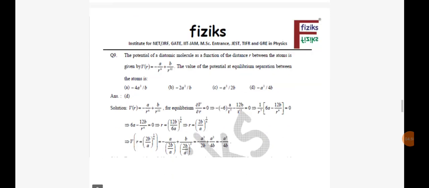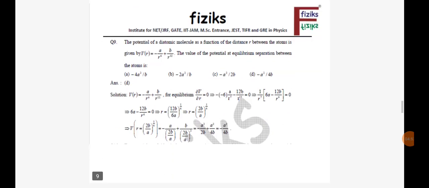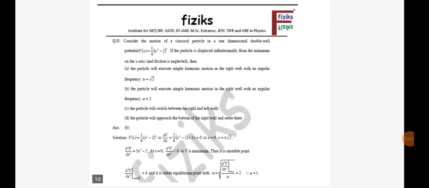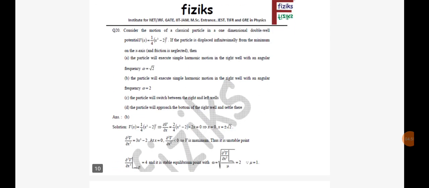Now coming to the next problem, which is almost similar to this. Now just go through the question. Consider the motion of a classical particle in a one-dimensional double well potential.